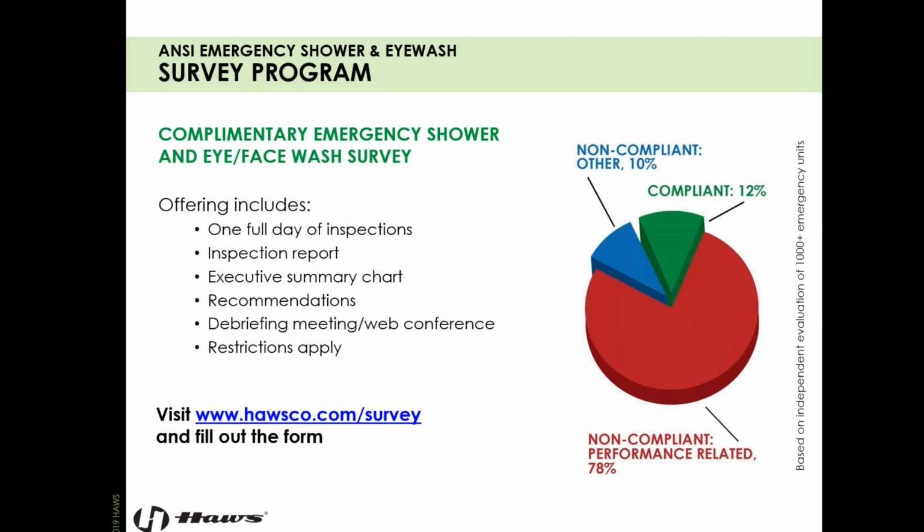And then we'll move on to a debriefing meeting or a web conference for now, where we can sit down with you and have a real discussion about our findings and the recommendations we have for you and the best ways to move forward and make any fixes that need to be made.